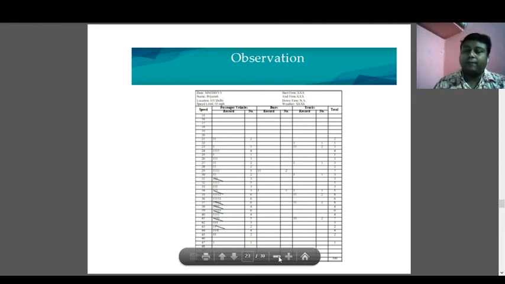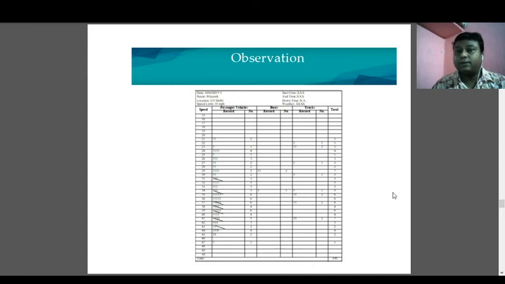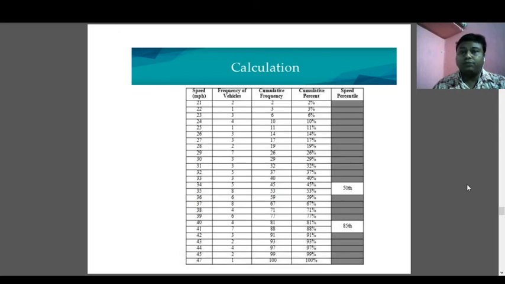So if you have 6 vehicles in a segment and there are a total of 100 segments, then you have the data of 600 vehicles collected on that particular day. So this is a sample of your observation table that you need to carry out to the field. Next, this is the calculation process.